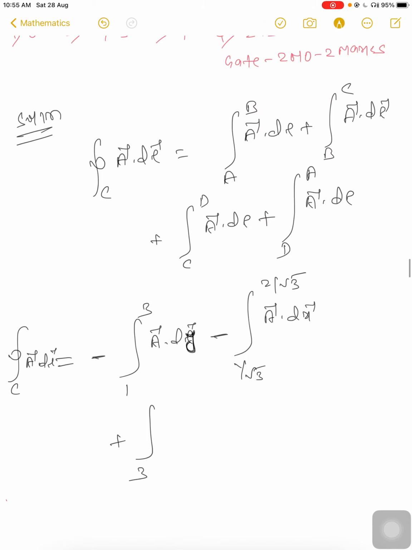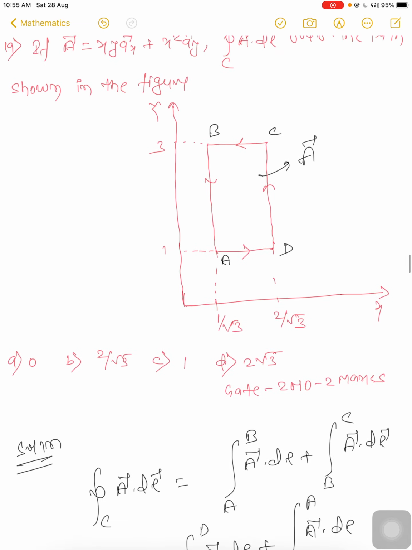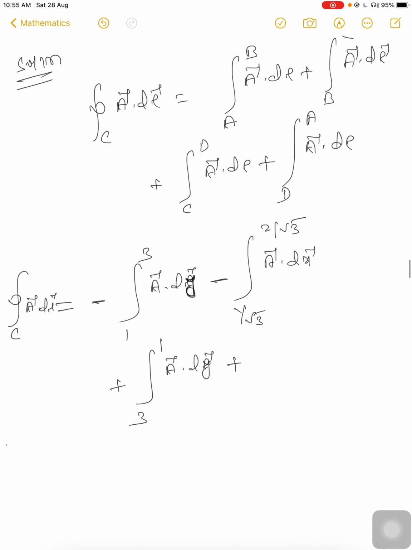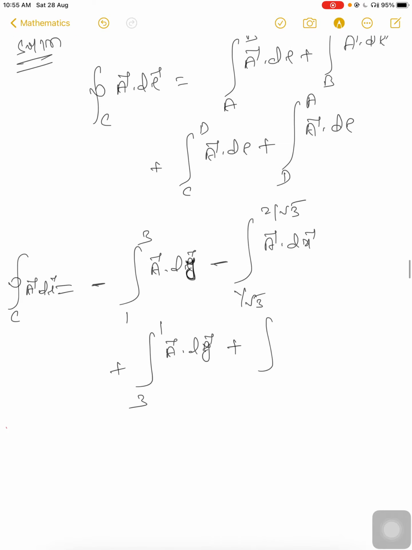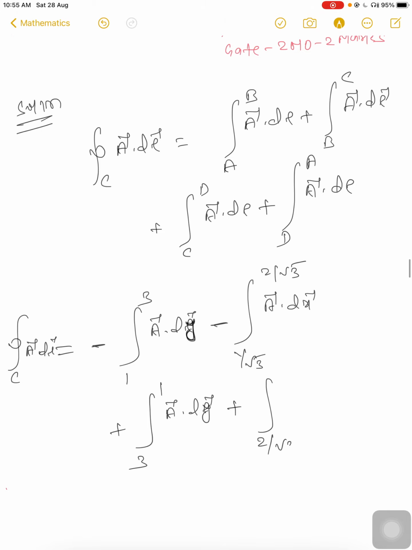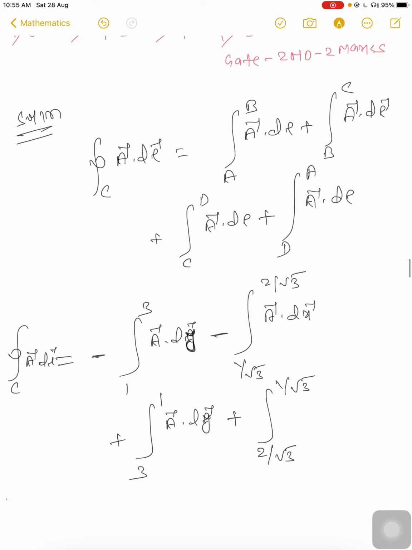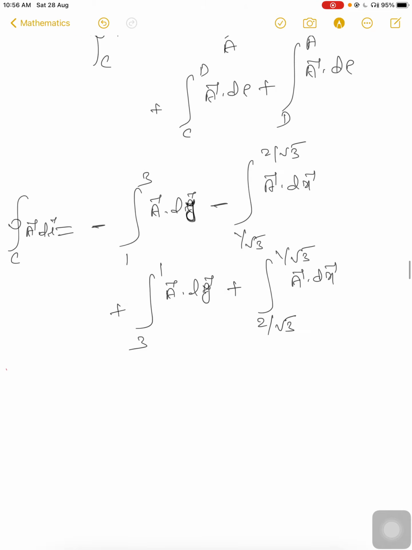So C to D, what will happen? 3 to 1, A, and dy, plus D to A, x direction. So D to A, 2 by root 3 to 1 by root 3, A dx.